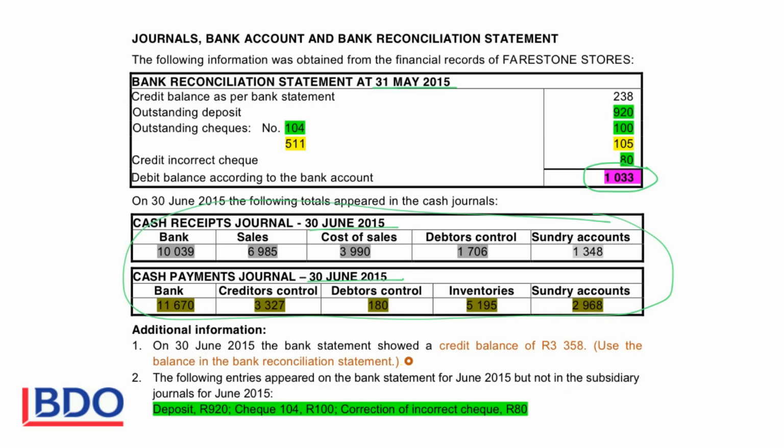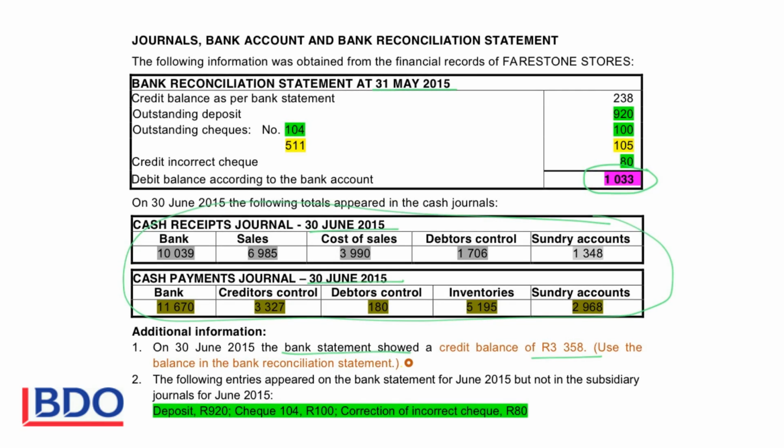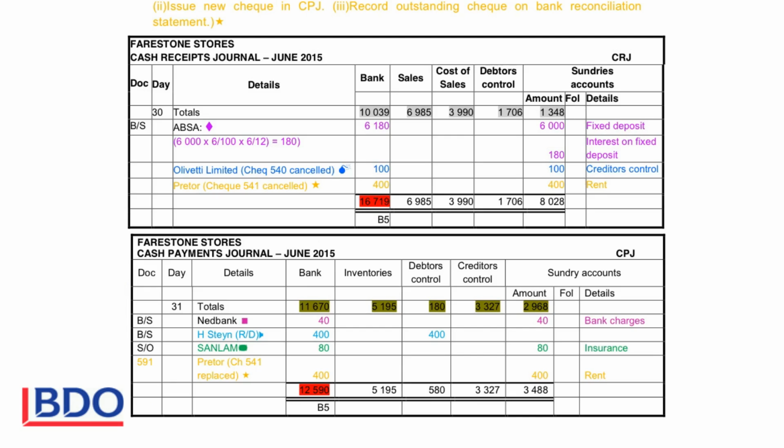And they say to me that the bank statement showed a credit balance of 3358. We will start the bank reconciliation statement with this closing balance in the bank statement. The totals that were provided for the cash receipts journal will be my opening totals.